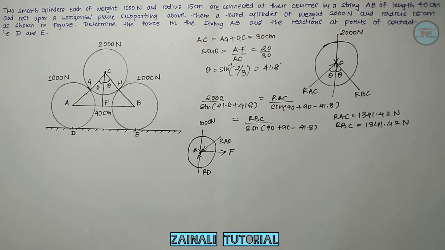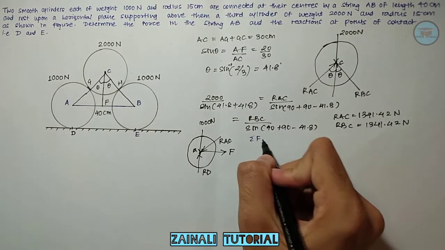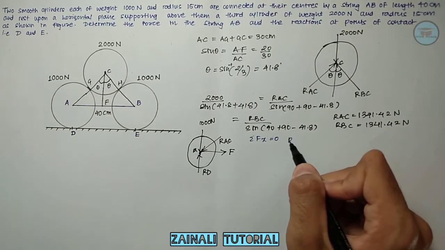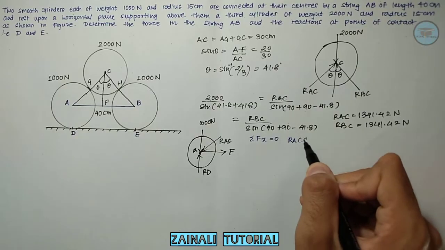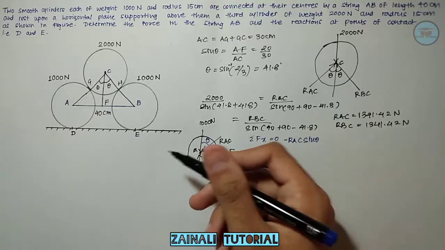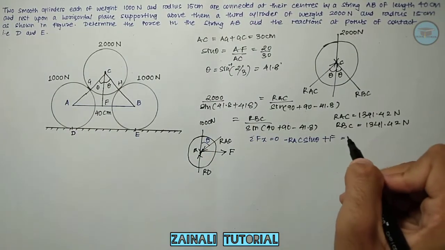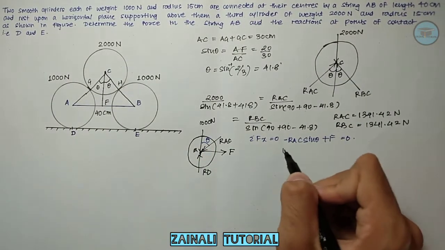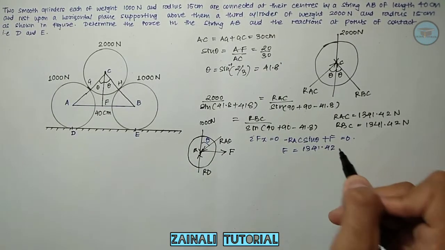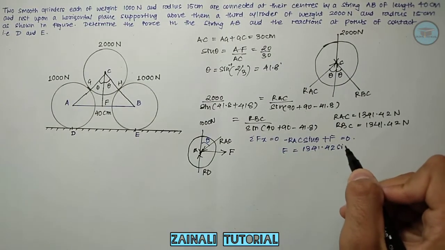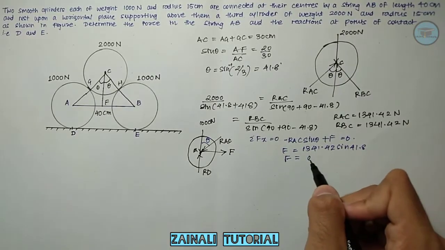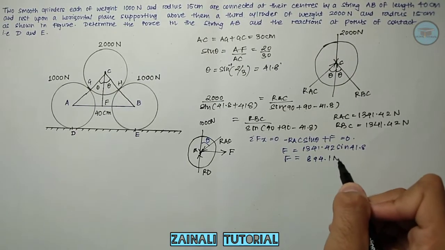Let us apply the condition of equilibrium as sigma Fx equals 0. So RAC sine of theta, this angle is theta, minus RAC sine of theta, plus F equals 0. From this, F equals RAC, that is 1341.42 into sine of 41.8. So F would be equal to 894.1 Newton.